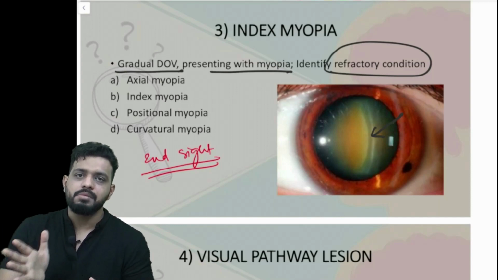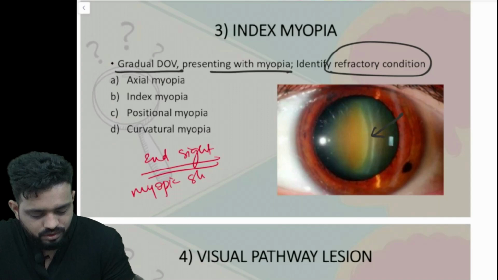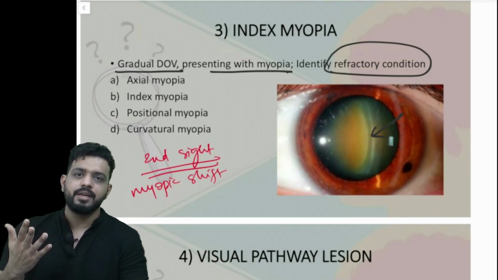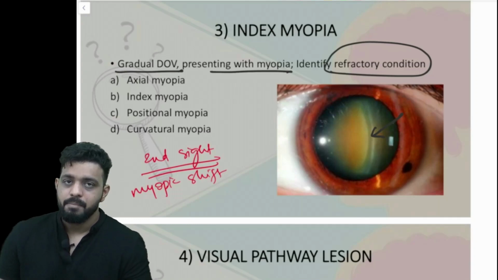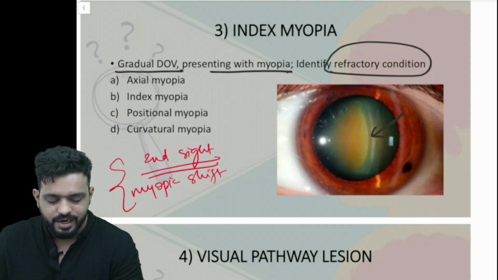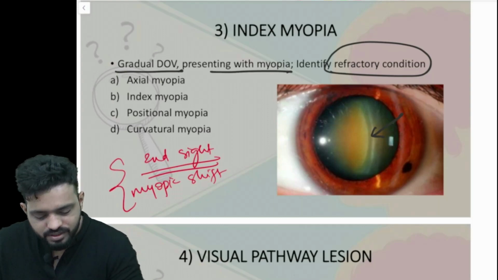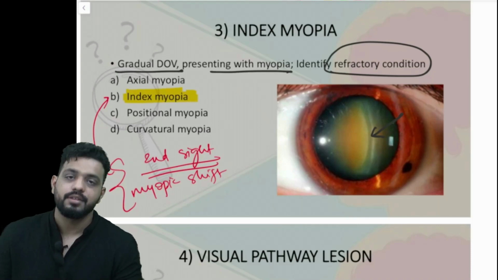So the eye becomes more myopic, and there is a myopic shift. Due to the myopic shift, they don't need their presbyopic glasses anymore, and they feel their vision has improved. But in other words, the cataract is progressing. That's why this is called second sight, where there is a myopic shift caused due to index myopia. That is the right answer over here.